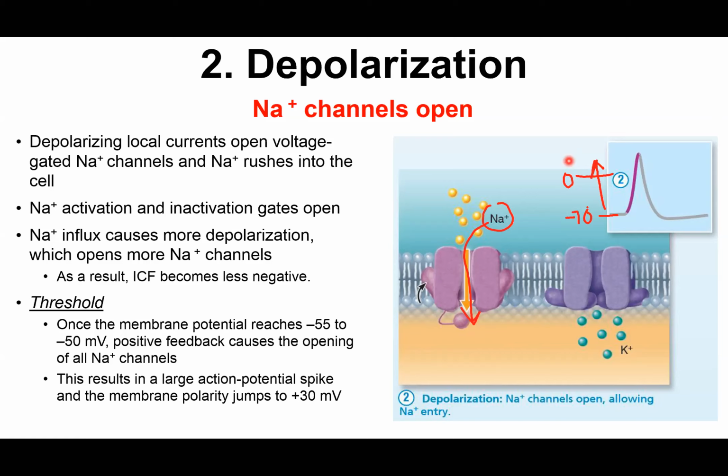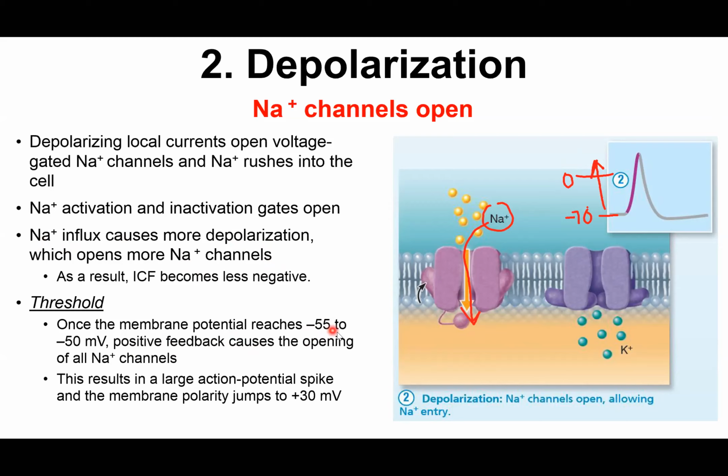We reach a point in this depolarization that's called threshold. Once the membrane potential reaches minus 50 to minus 55 or so millivolts, that's when the positive feedback is causing the opening of all the sodium channels. So up here I said sodium influx is going to cause more depolarization, which opens more sodium channels.